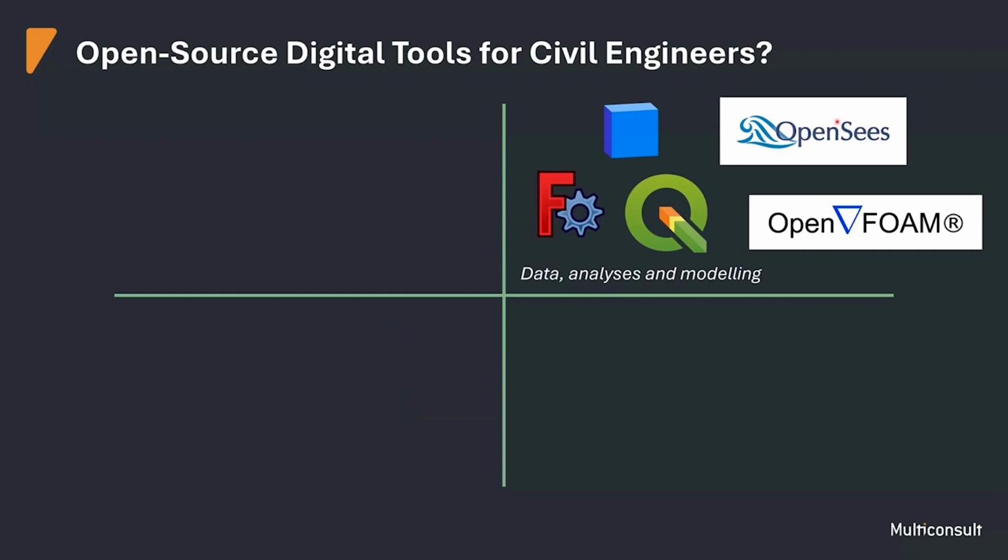For example, you will find OpenSees, which is a finite element solver. You have OpenFOAM, which is a CFD solver. You have QGIS, which is a GIS tool. You have FreeCAD, which is a CAD tool. And you have Speckle, which is the backbone for any data-driven design workflow.